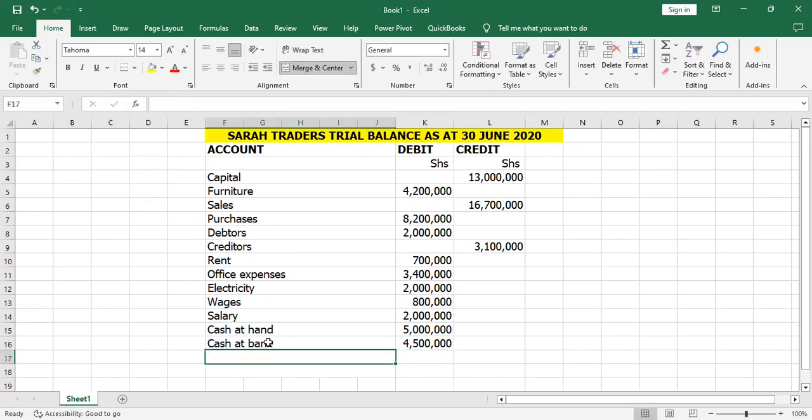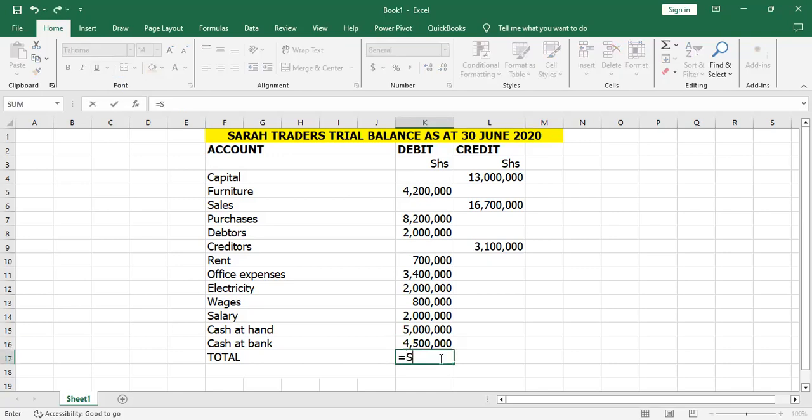Now let us come up with the totals. Don't forget, debits should equal the credits. The total debit balances should equal the total credit balances. So I'm going to sum up all the debit balances.